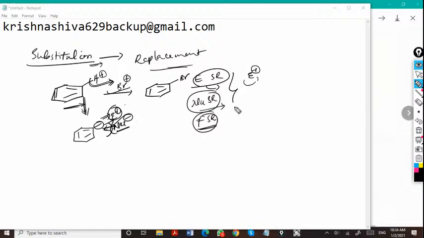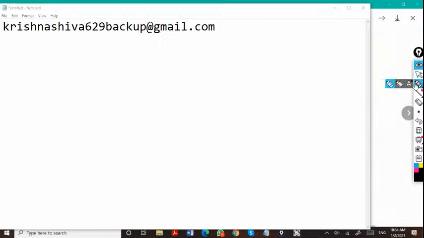There are three types: electrophilic substitution reaction, nucleophilic substitution reaction, and free radical substitution reaction. We'll go into detail about electrophilic substitution reactions. In electrophilic substitution, the more prominent reactions are aromatic electrophilic substitution reactions.